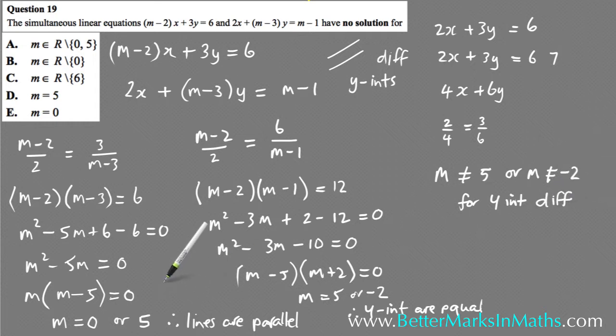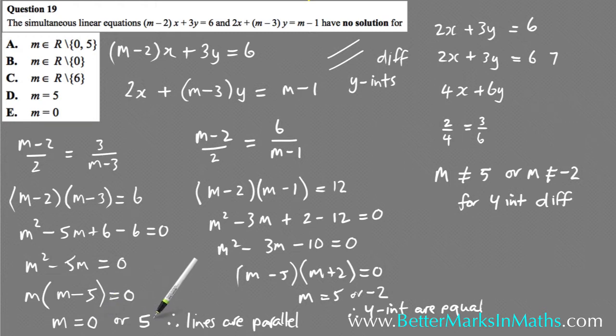And we also want the lines parallel. When m is not equal to 5 or minus 2, m can be any other number, in other words, it can equal 0, and 0 is the value that makes the lines parallel.